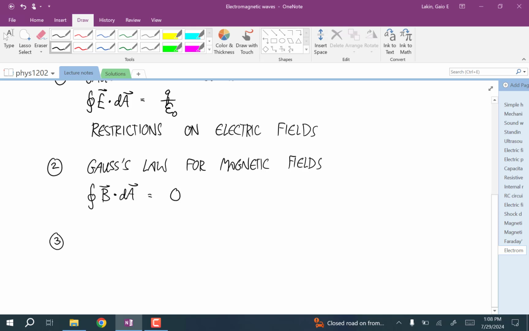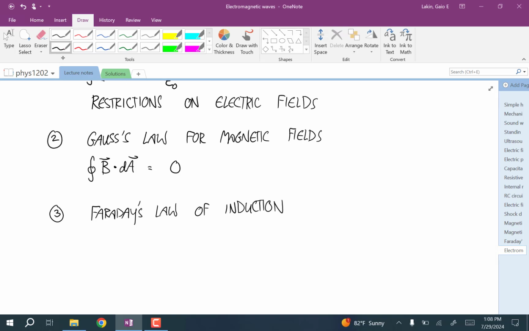But Faraday's law of induction, in its full form, is the integral over a closed path of the electric field vector dotted with ds. This is a line integral if you had a class where you talked about that.